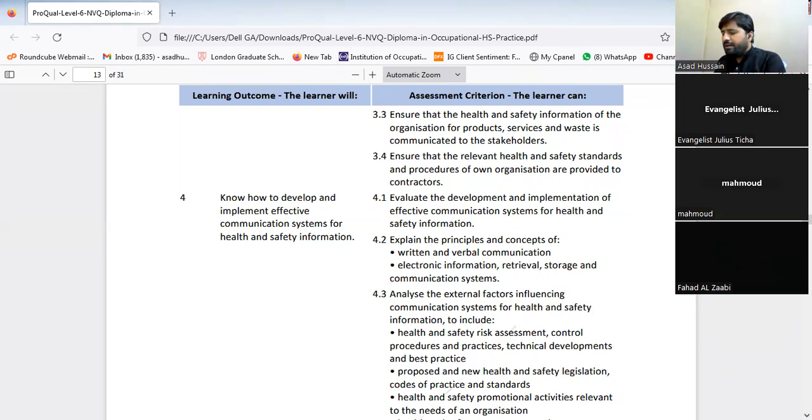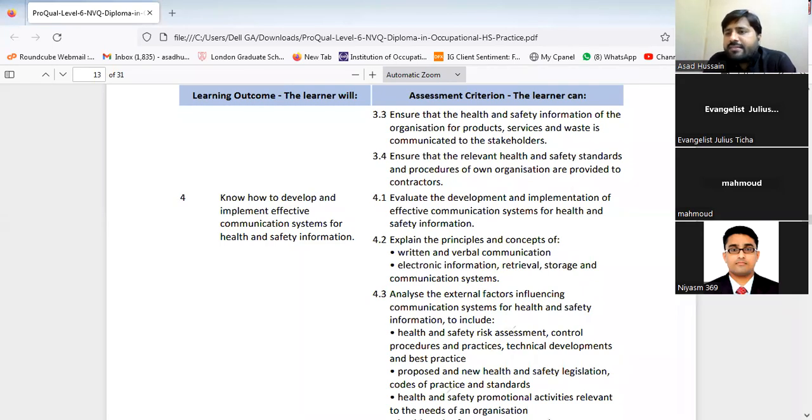Now we have the fourth one. In the fourth learning outcome, we don't have to give evidence, because here it is asking for some information from you.